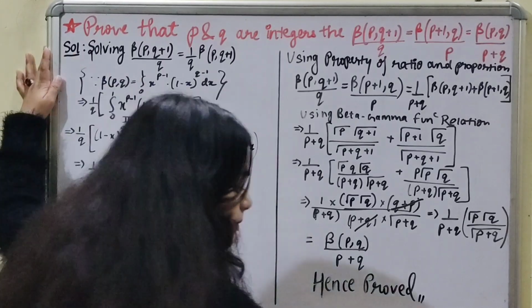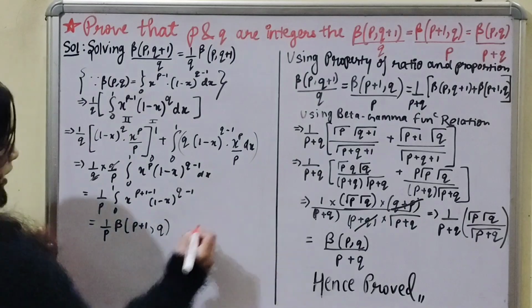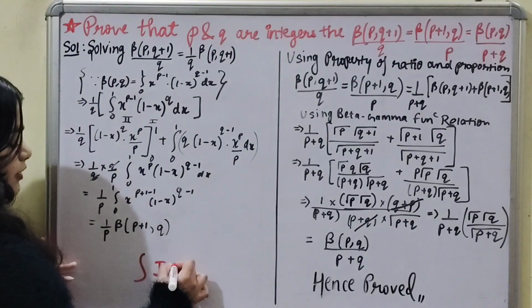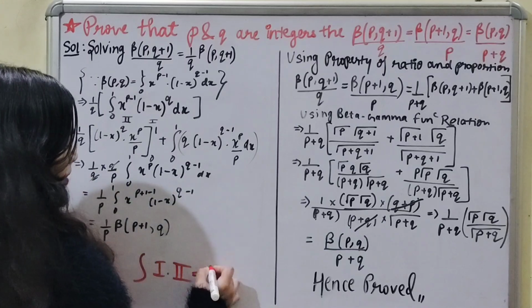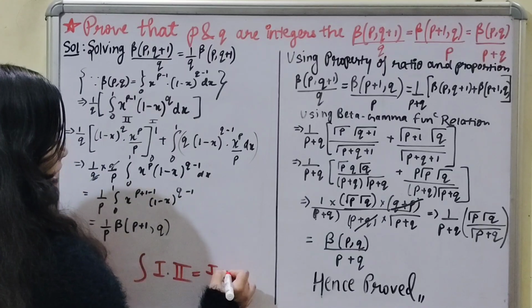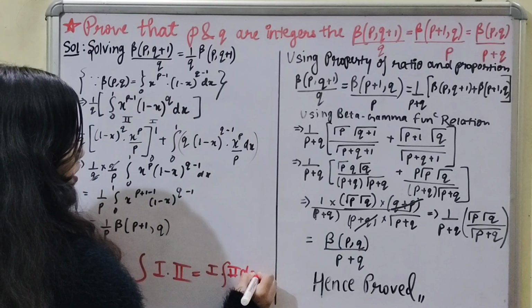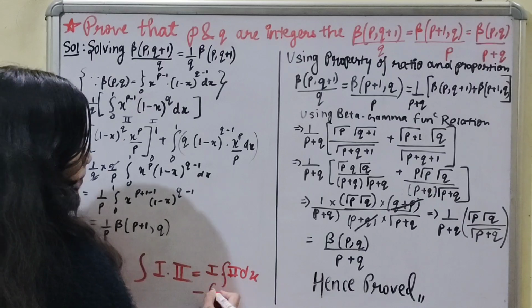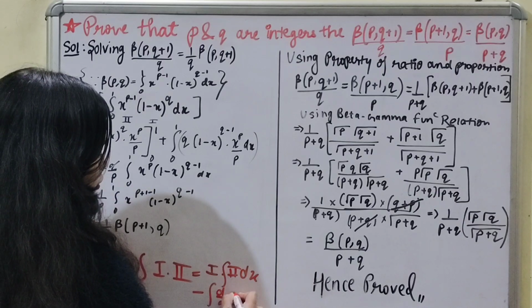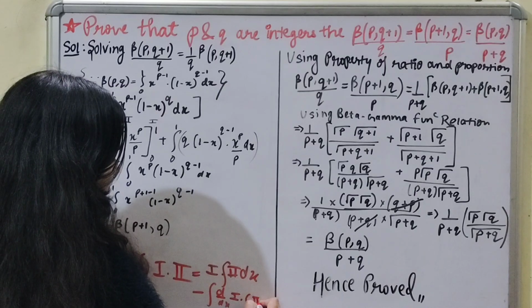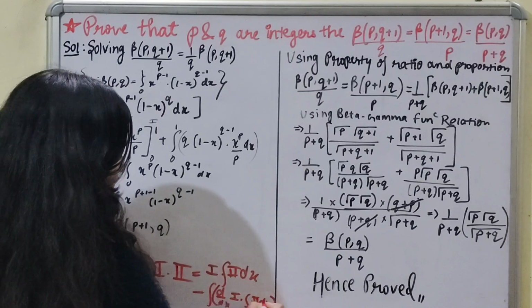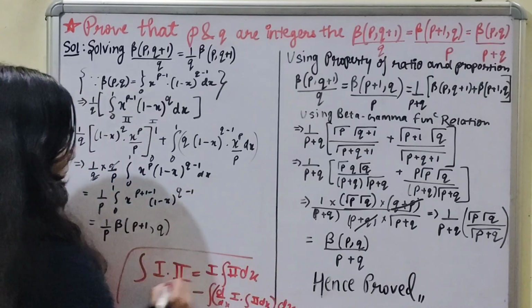The formula is integration of first into second is equal to the first function as it is into integration of the second function, minus the integration of the differentiation of the first function and then the integration of the second function. So this is the formula of integration by parts.